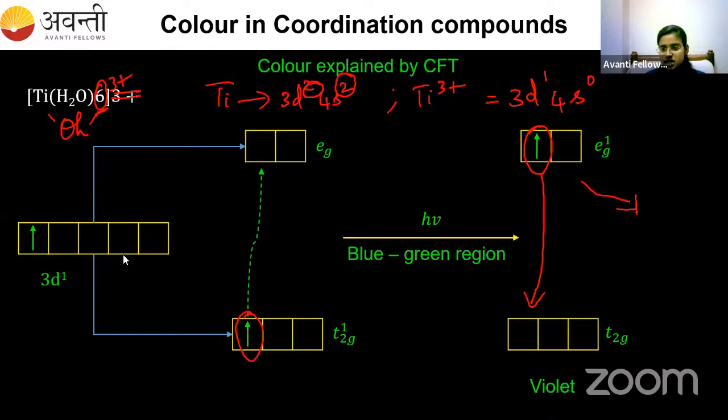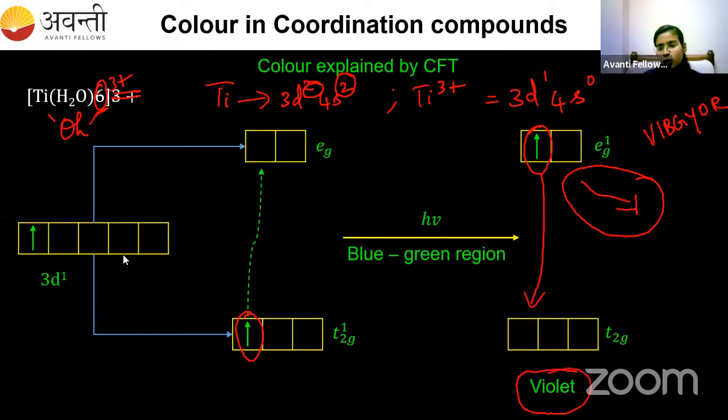That released energy will fall in the visible region of the electromagnetic spectrum, and because of that we get the color. Visible region means we have VIBGYOR, right? This leads to the formation of color for the coordination complex. The color of this particular complex is violet.